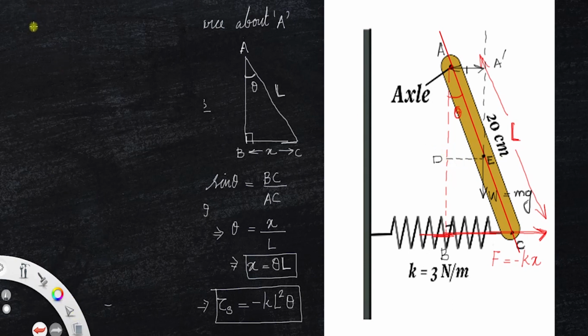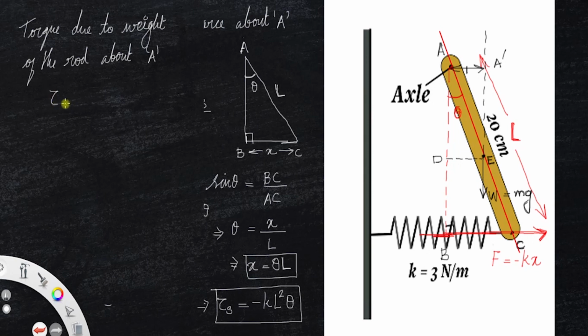So now the torque due to the weight of the rod about the point A, let's represent that as torque due to weight, tau W, is equal to the weight of the body W times the distance A dash, or we can put DE, since A dash and DE are the same.